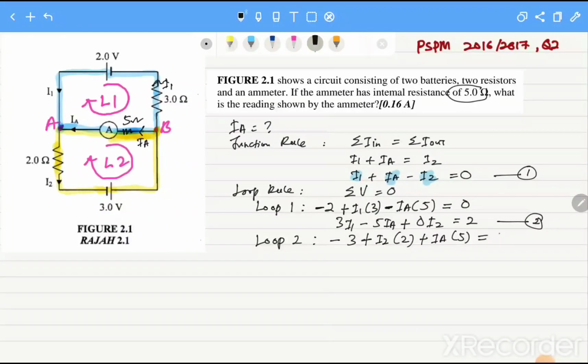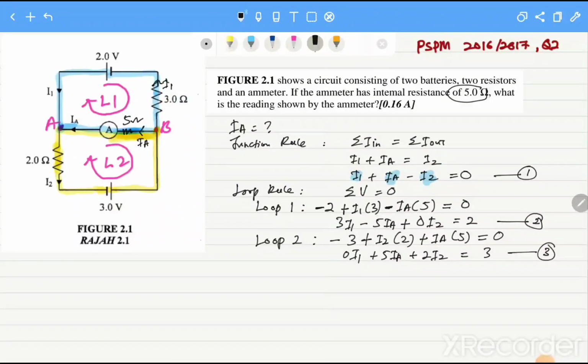We complete the loop, so set equals to 0. Then we rearrange the equation. We don't have I1, so we write 0 I1. The second variable IA is plus 5 IA. The third variable is I2, 2 I2 equals to 3.